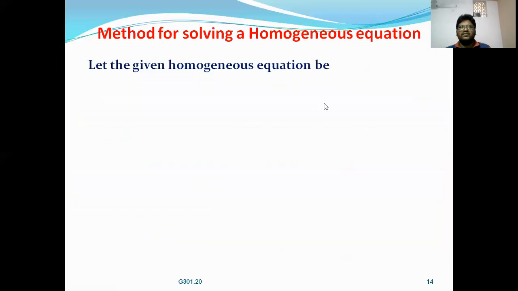So, methods of solving a homogeneous differential equation. Okay. Next, let the given homogeneous equation be dy by dx is equal to f of x comma y by g of x comma y.